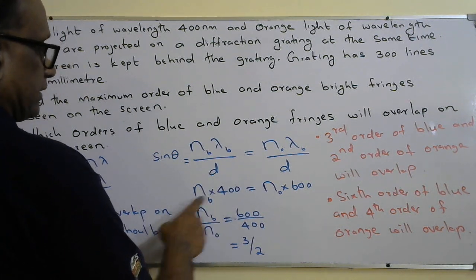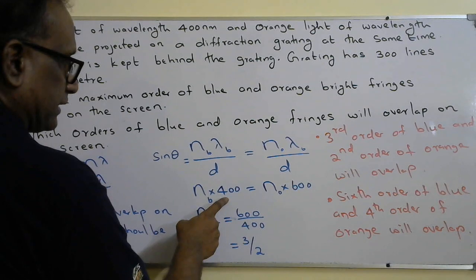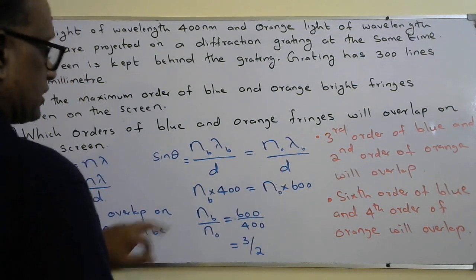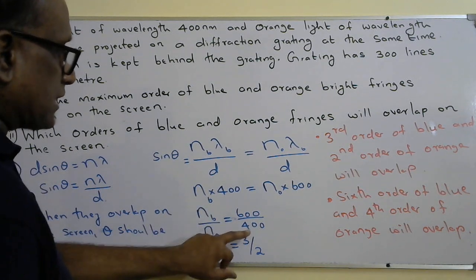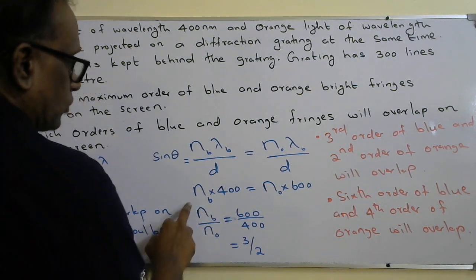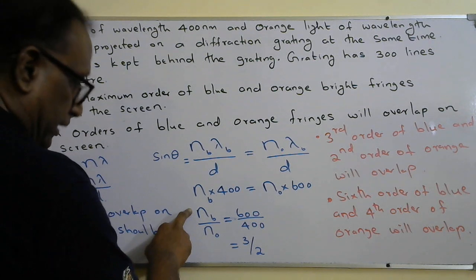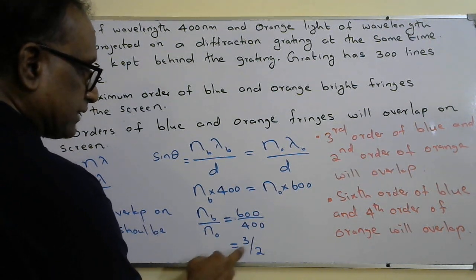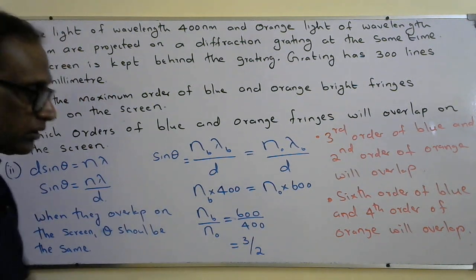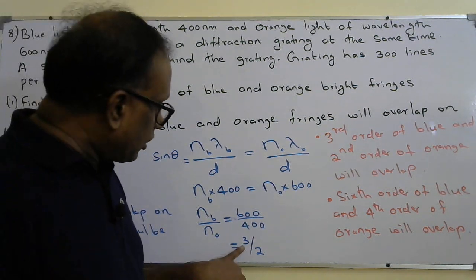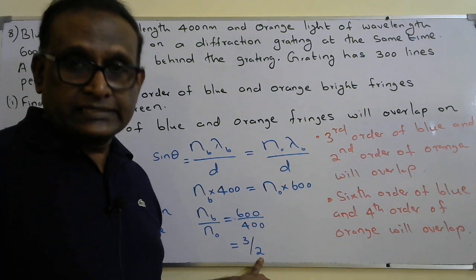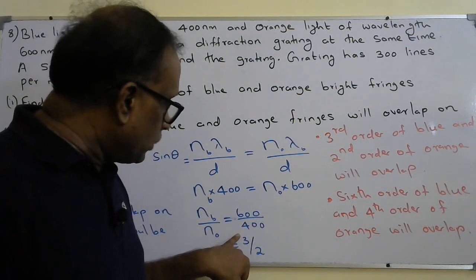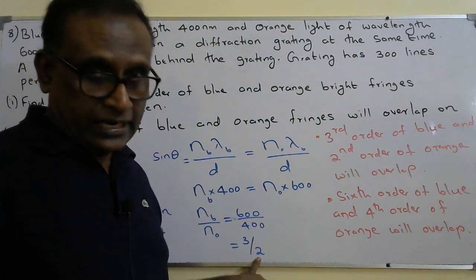NB times lambda blue, 400, equals NO times 600. D and d get cancelled. So NB over NO is 600 over 400, which is 3 over 2. So the ratio of the blue order to the orange order when they overlap should be 3:2. So the third order of blue and the second order of orange can overlap. Next, the sixth order of blue and the fourth order of orange can overlap.